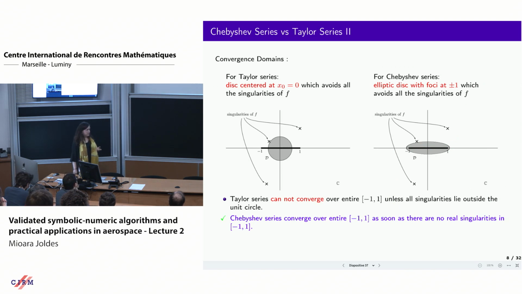Another reason is if your function has singularities in the complex plane near the real line, then we know that Chebyshev series will always converge on an ellipse with the foci in -1, 1.